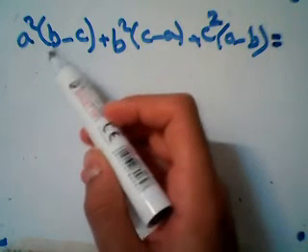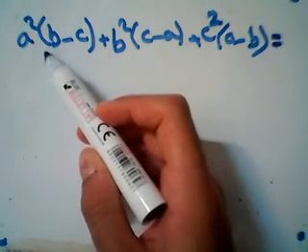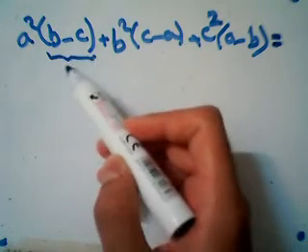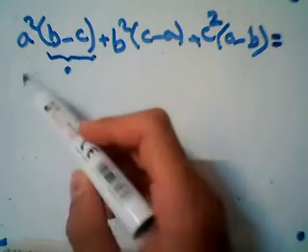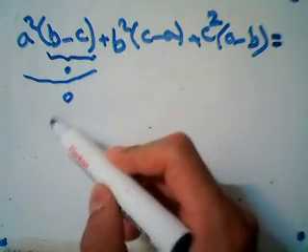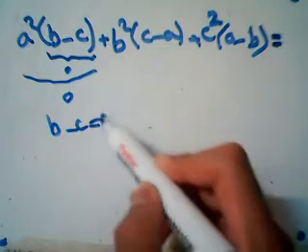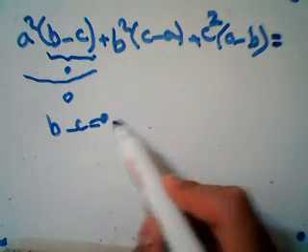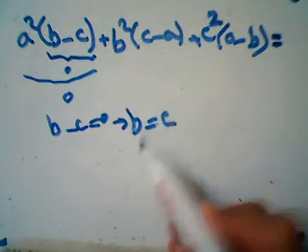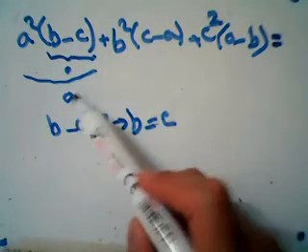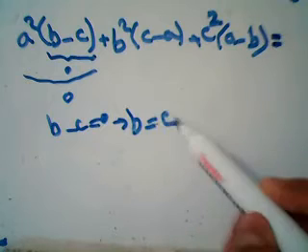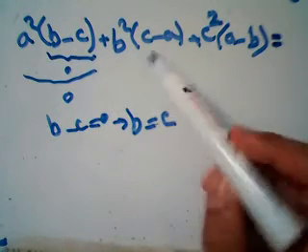If we put b minus c to be equal to 0, b would be equal to c. So this is 0 here, and let's put c into b.